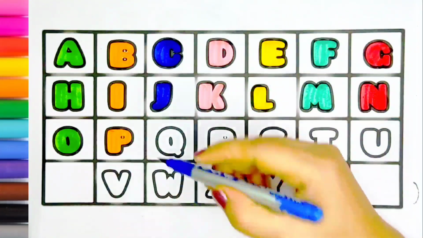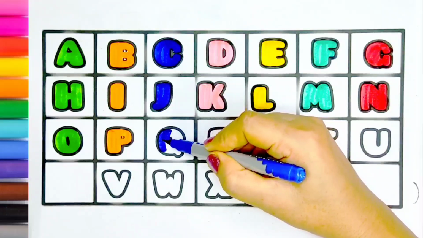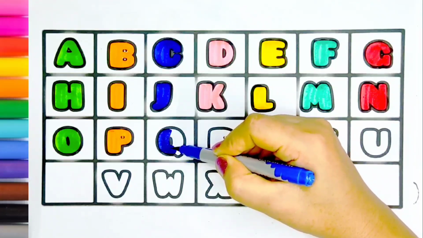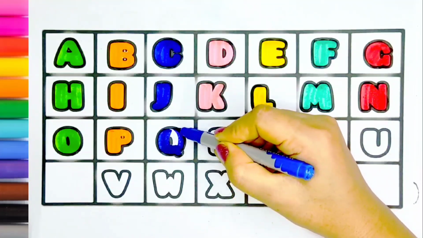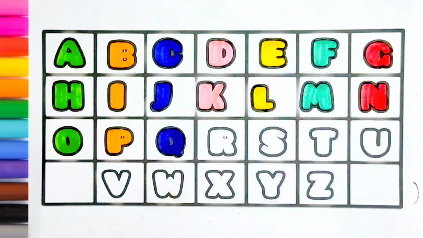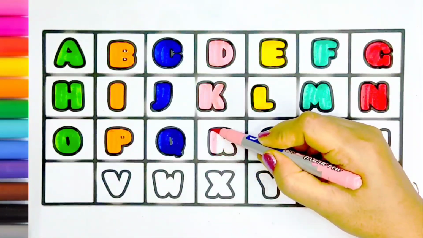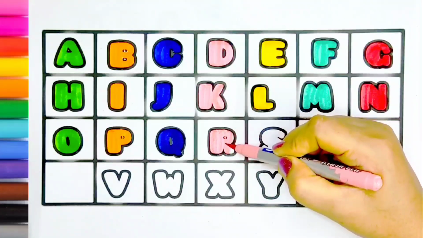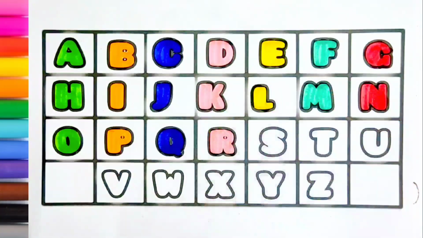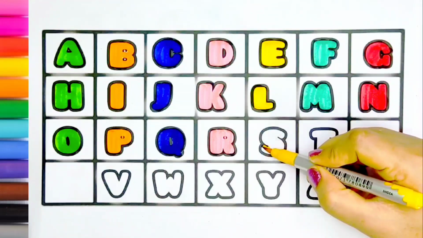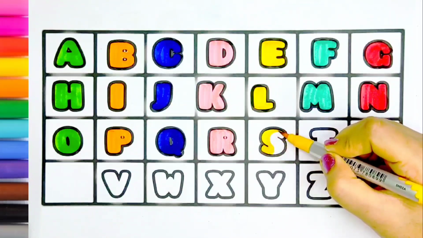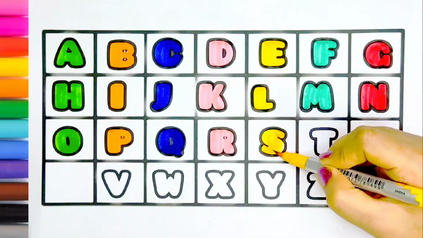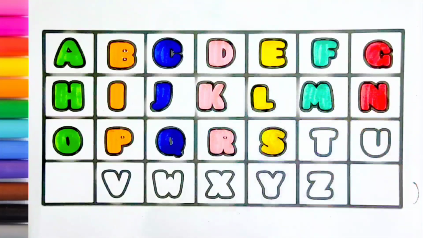Blue color. Q for quilt. Pink color. R for rabbit. Yellow color. S for sun.